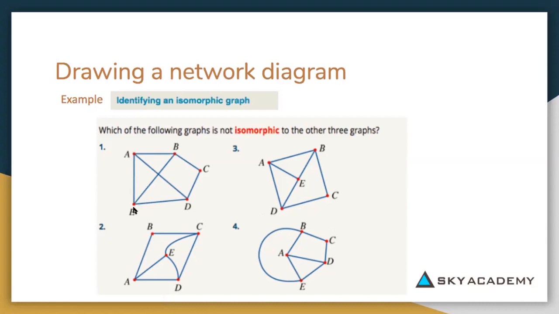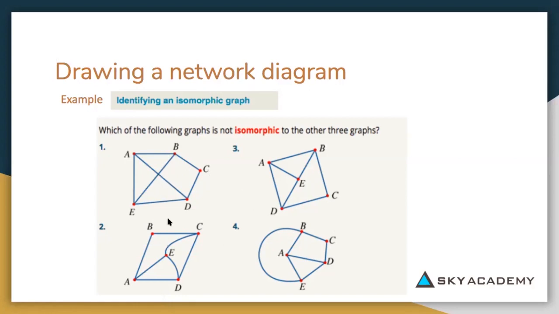Now we consider graph 2. Node B only has 2 degrees, whereas in graph 1, node B had 3 degrees. So one of these is not isomorphic to the others. So we have to see whether it's graph 1 that's not isomorphic or graph 2.